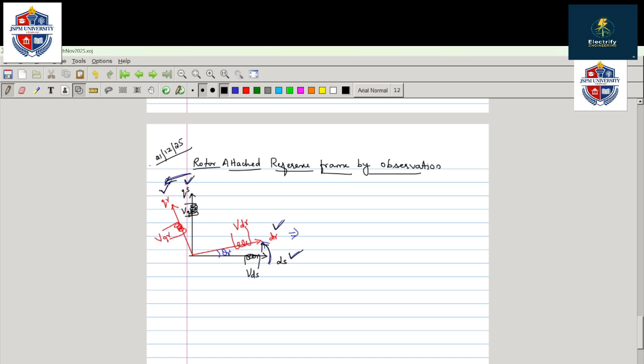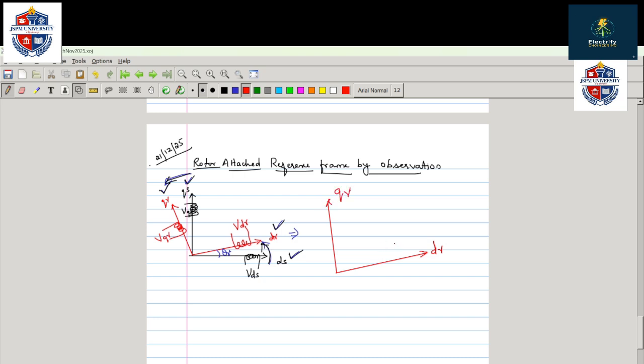Therefore, we will have only the red color axes. If we draw the reference frame axis, this is dr and this will be qr.